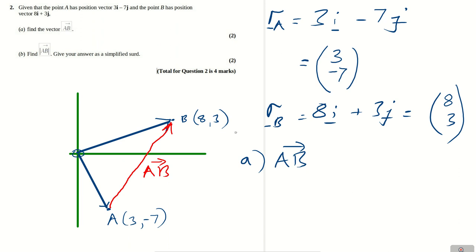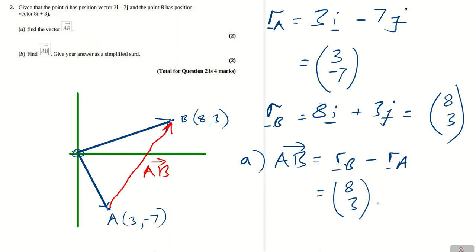We just do the position vector of B minus the position vector of A, and I could write it with the i's and the j's. It's normally a bit quicker, and I prefer to write it as a column vector.